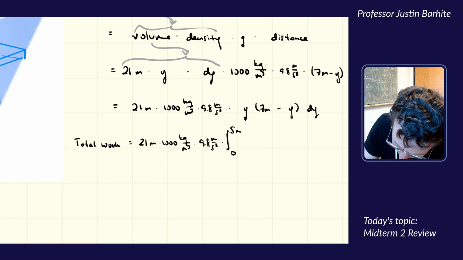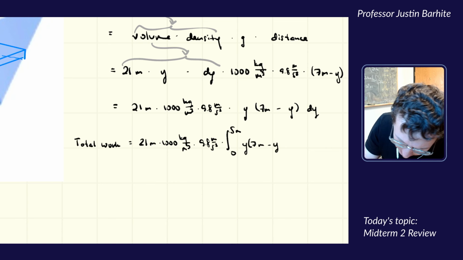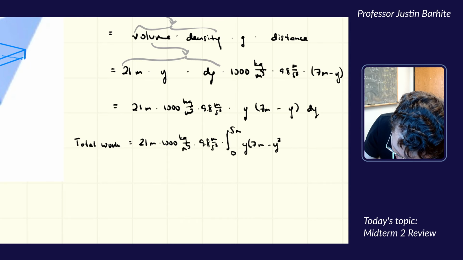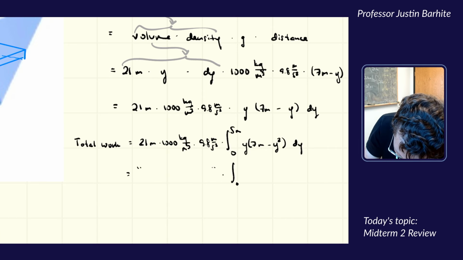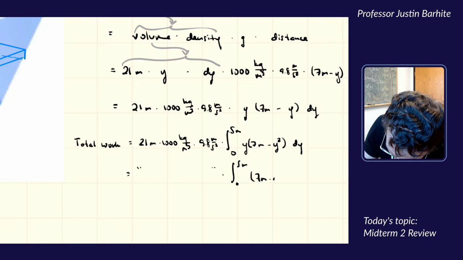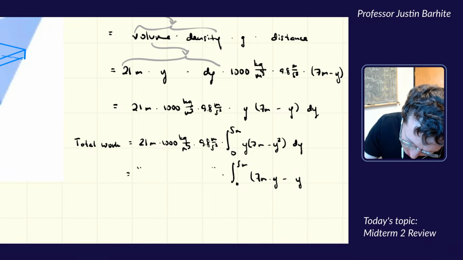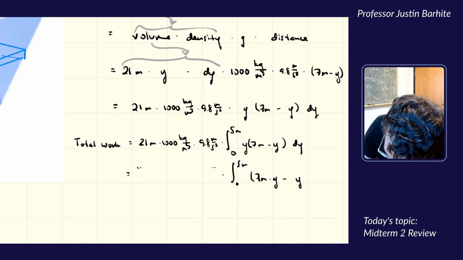And I'd be integrating y times 7 meters minus y. Which is 7 meters times y minus y squared.